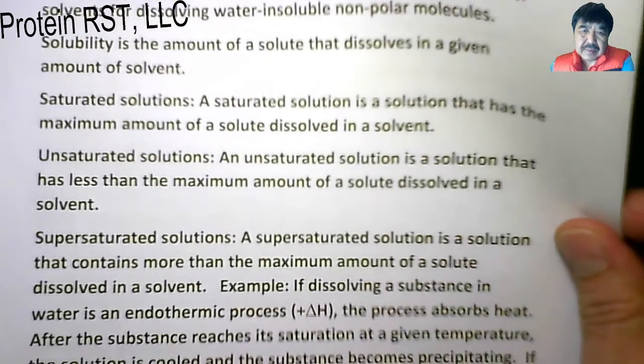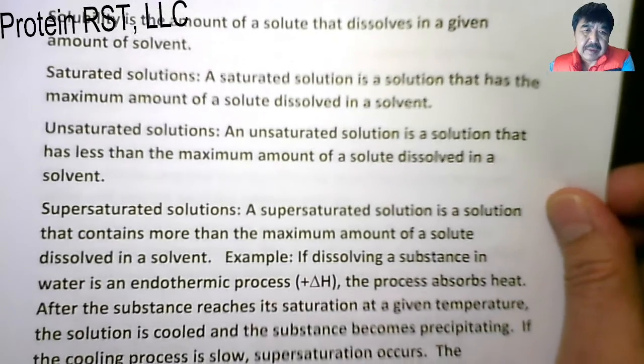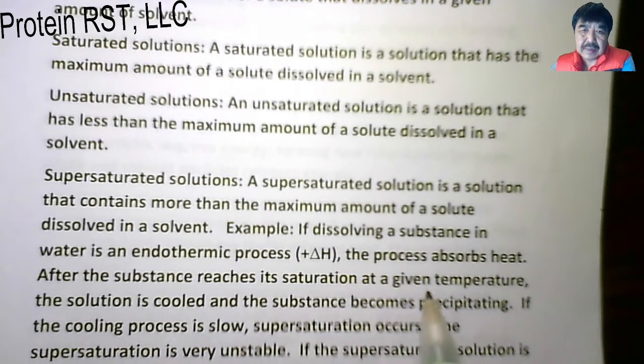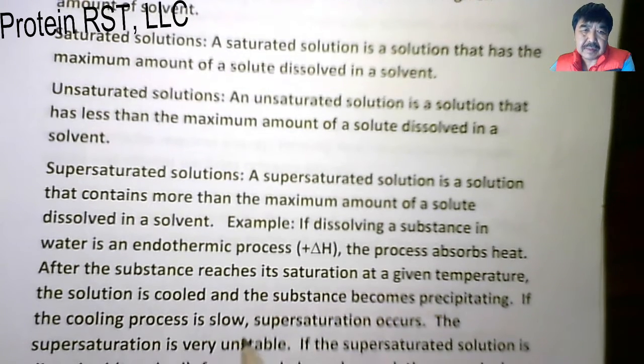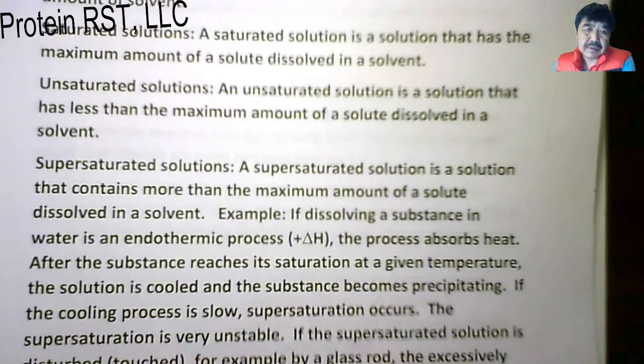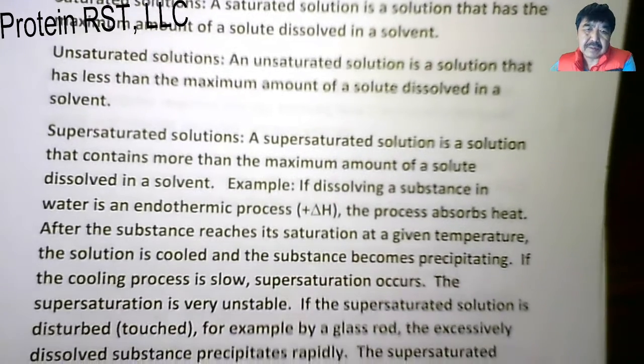After the substance reaches saturation at a given temperature, the solution is cooled and the substance precipitates. If the cooling process is slow, supersaturation occurs. The supersaturation is very unstable.